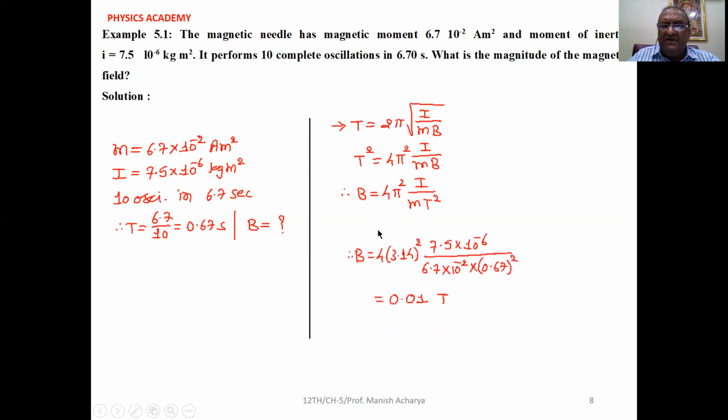So substitute the values. 4 pi square, that is 3.14 square, I the moment of inertia 7.5 into 10 raised to minus 6, upon magnetic moment m, that is 6.7 into 10 raised to minus 2, and T, that is 0.67, whole square. Now solve this one, you will get the answer 0.01 Tesla.